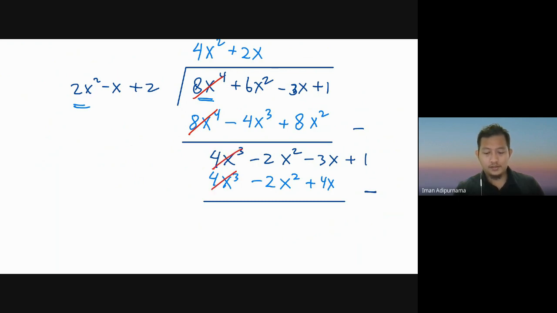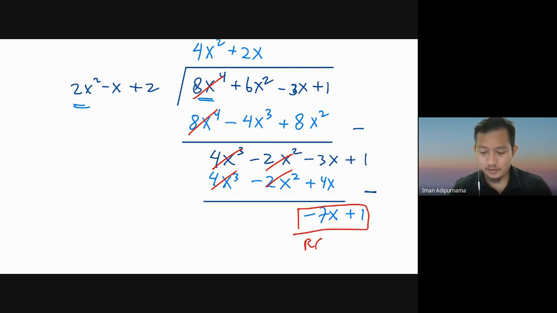Cancel, and this also cancels. So minus 3 minus 4 is minus 7x plus 1. This is our remainder, and this is our quotient, Q(x).